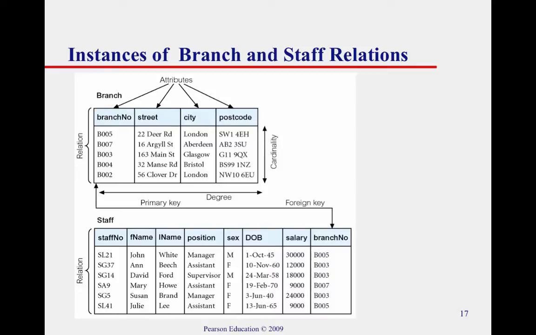So if we go here, let's just pretend for a moment that the street and city by themselves are enough to uniquely identify a branch. Then street and city would represent one candidate key. If we removed either city or street, we would no longer have a candidate key.